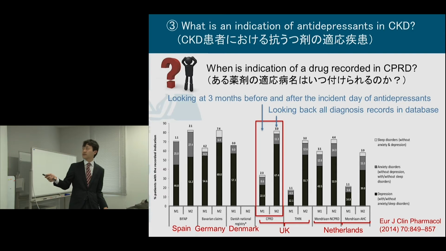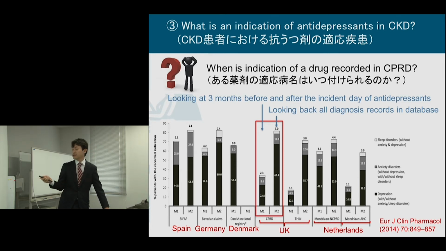But if you look back 1 year or 2 years or 3 years before, it's more likely to be recorded. Because doctors, once they input diagnosis, never record it again. So it's different country by country and database by database. So some databases, every time doctors may input diagnosis. But in the UK, it's not, and I don't know in Japan.